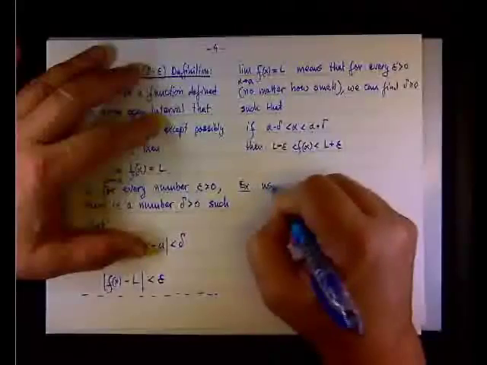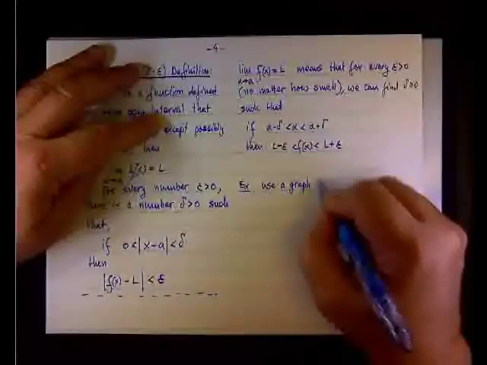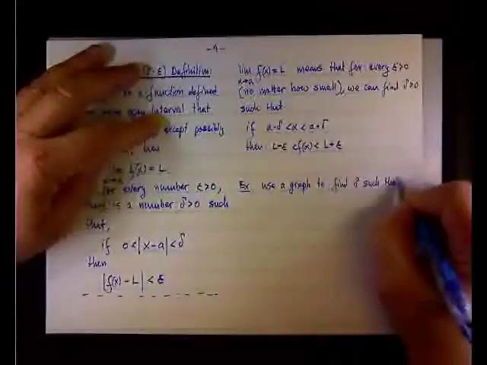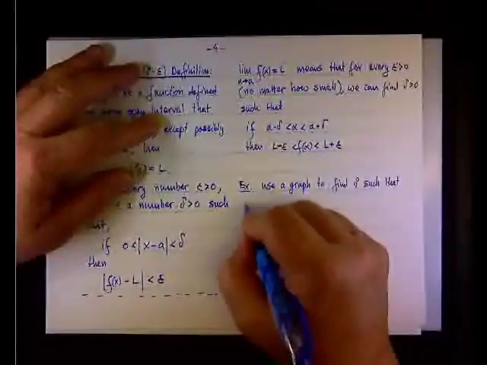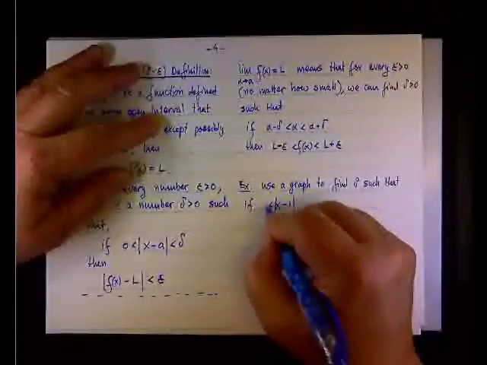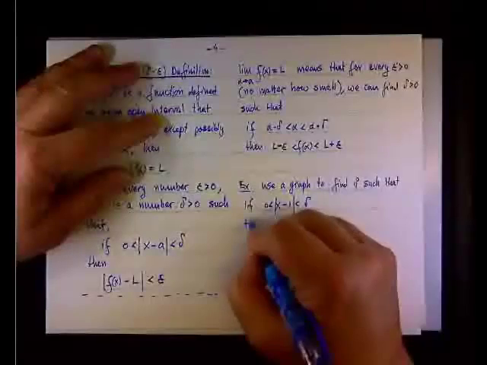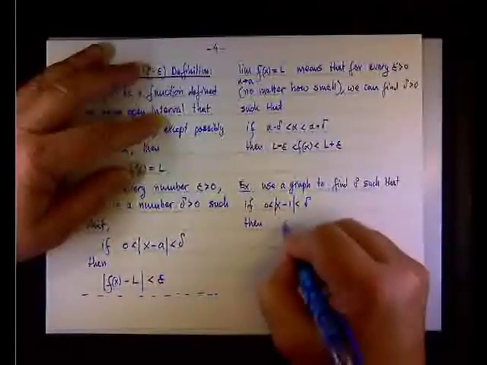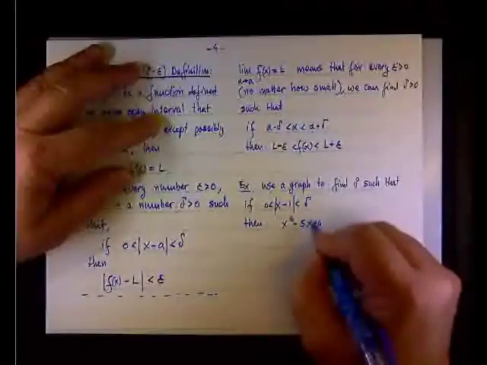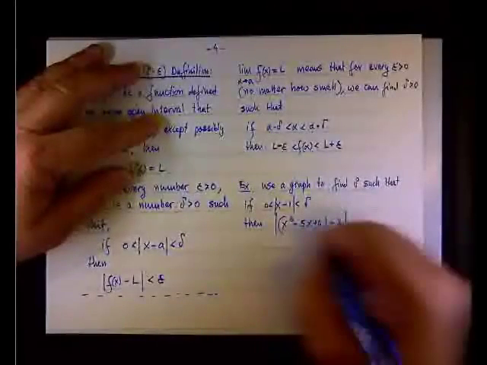Use a graph to find delta such that if the absolute value of x minus 1 is less than delta, then we have a funky function like this, x cubed minus 5x plus 6 minus 2, again in absolute value, is less than 0.2.